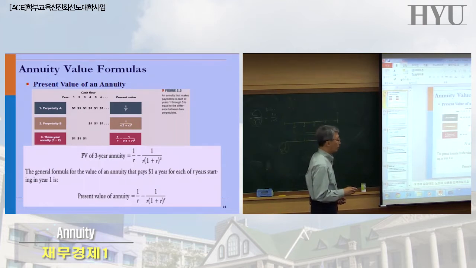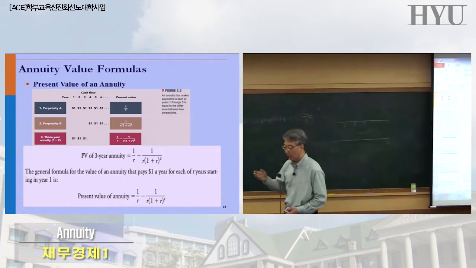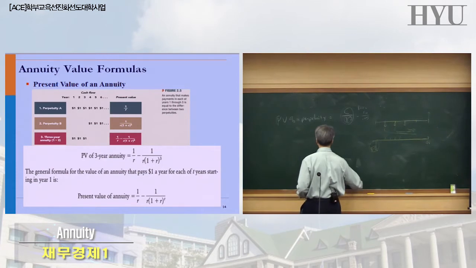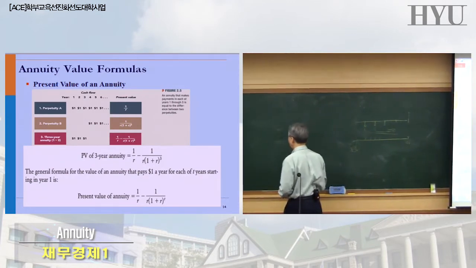What's the present value of this perpetuity B? Well, you just have to discount it for 3 years because you have to wait 3 years to start getting the payments. It is the idea of a deferred annuity.